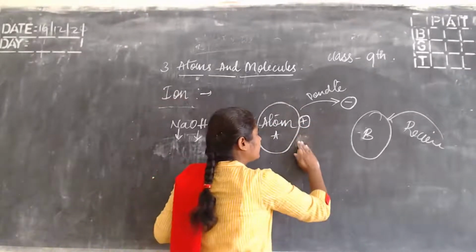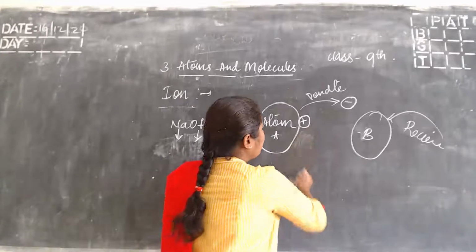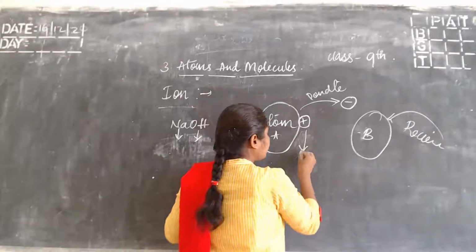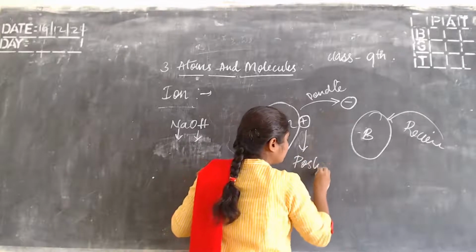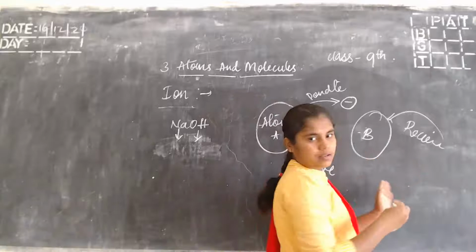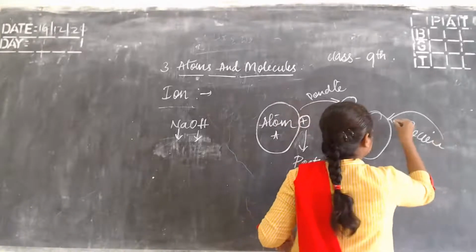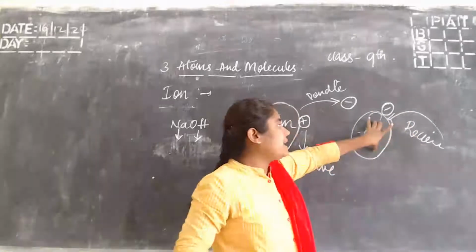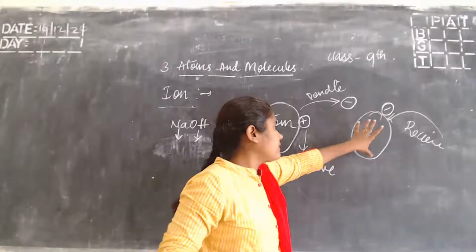Since it gets the positive charge, the charge of that atom will be positive. Then if it takes 1 electron, you could see that there would be 1 electron more in number, so this atom gets the negative charge.